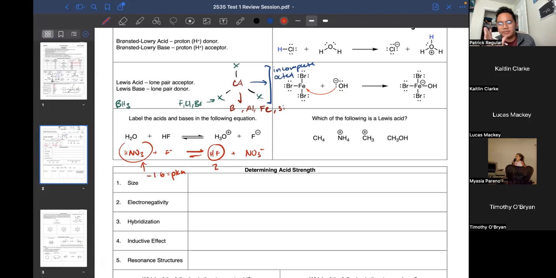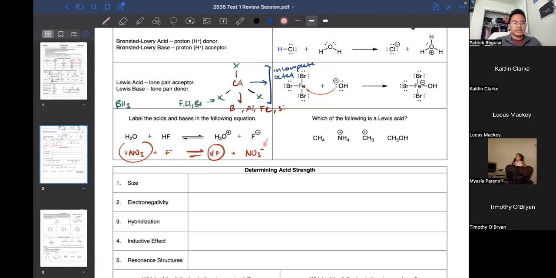I don't know the actual value, I'm sorry, but let's say it was 2. This pKa is a lot smaller, so it's a lot more acidic. So the entire reaction would go away from it, because it dissociates the most. It'll push everything away because it likes being in its stable conjugate base form in solution. So just identify your acids, pick the lowest pKa, and choose the arrow away from it.